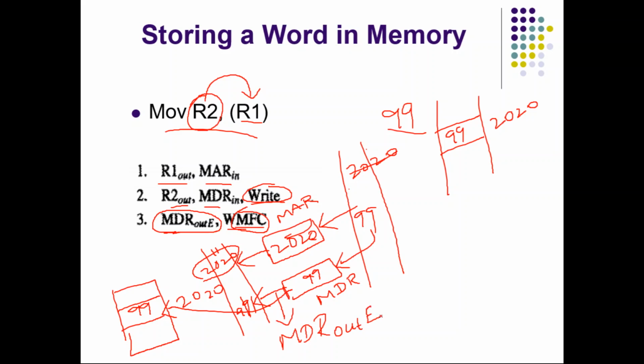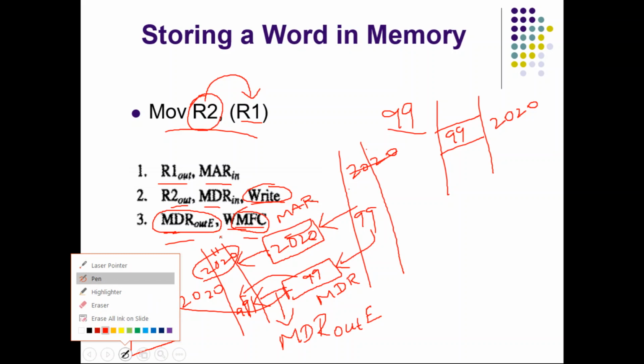The moment WMFC is generated, the data will be immediately moved and written, so we are keeping it enabled prior to WMFC. If you write this in the reverse way, there may be some little delay. To avoid that delay, we are doing it like this. So this is the sequence of operations given to perform this task, storing a word into memory.